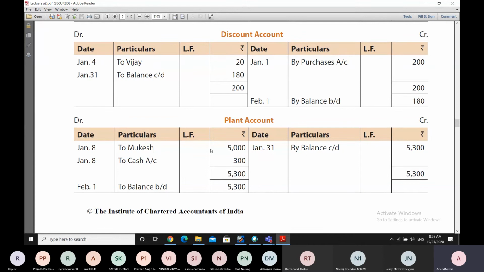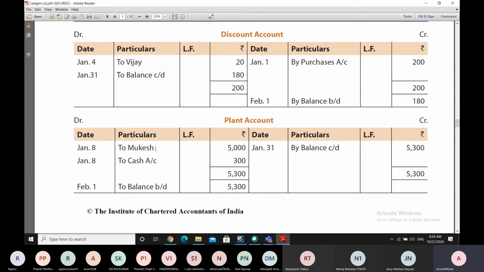We have just bought a plant, we have just paid cartage and installation. We have not made any payment, so we are supposed to make this 5,000 rupees payment against the plant. So we have debited the plant account for 5,000 rupees and we have credited Mukesh. Why have we credited Mukesh? Because we have to pay this 5,000 rupees to Mukesh.